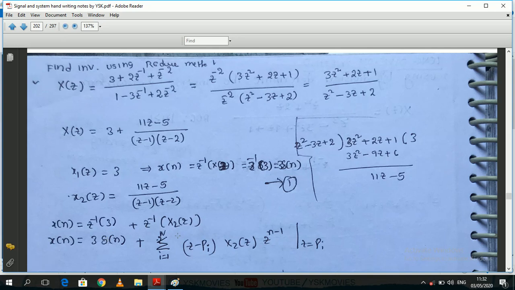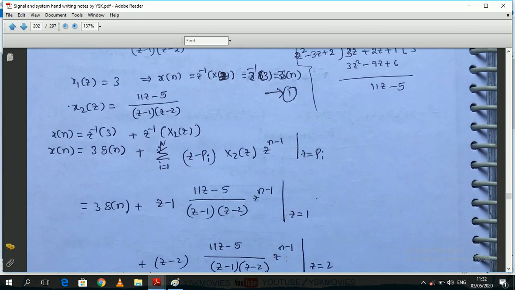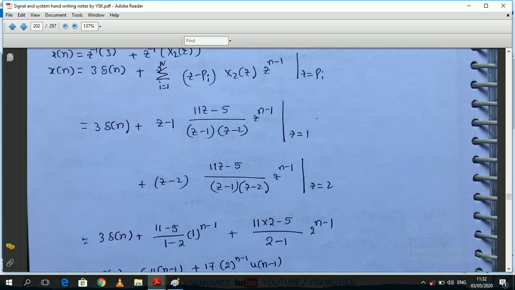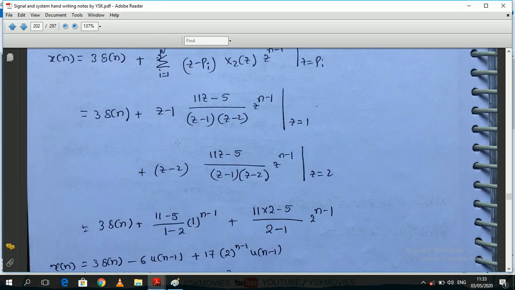And what about this? What is the formula for that? Summation over i equal to 1 to n of (z minus pi) X2 of z into z power n minus 1 at z equal to pi. How can you find it? Here pi means poles, and n means the number of poles. There are two poles only, p1 and p2.